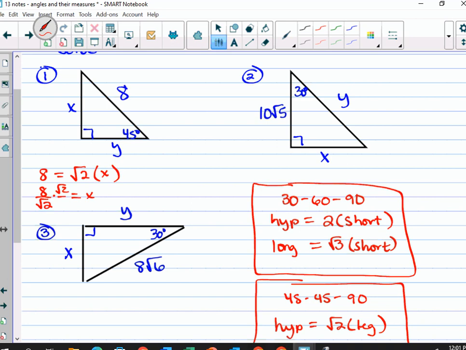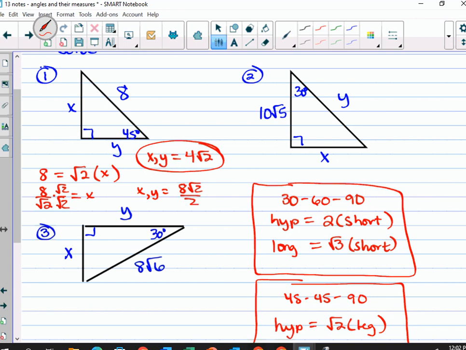Rationalize. Sorry, I don't have a lot of room here. And you get both x and y. You get 8 root 2 over 2. Is that our answer? Yeah, so x and y both equal 4 root 2. We do okay on number 1?